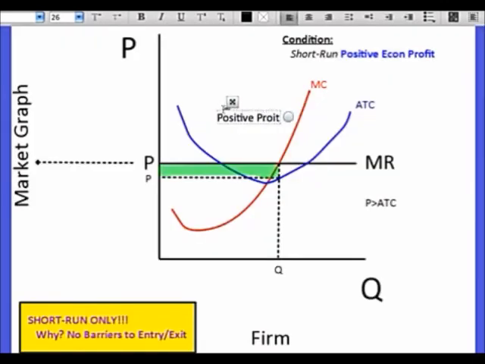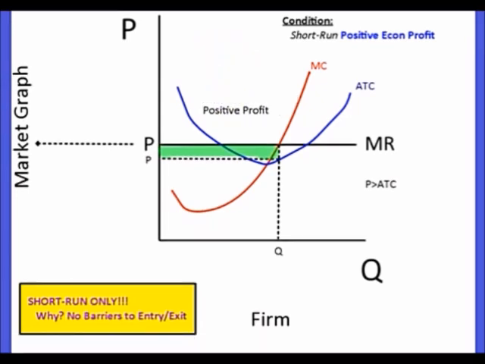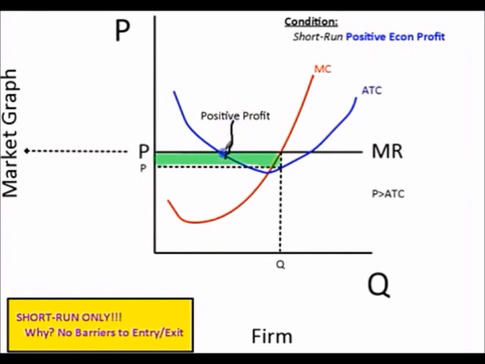Then we want to draw an arrow. The shaded area is the area of positive profit. At the firm's profit maximizing level of output, this firm is earning a positive economic profit because price is greater than ATC. This is the area of profit that's been shaded and it's been labeled.